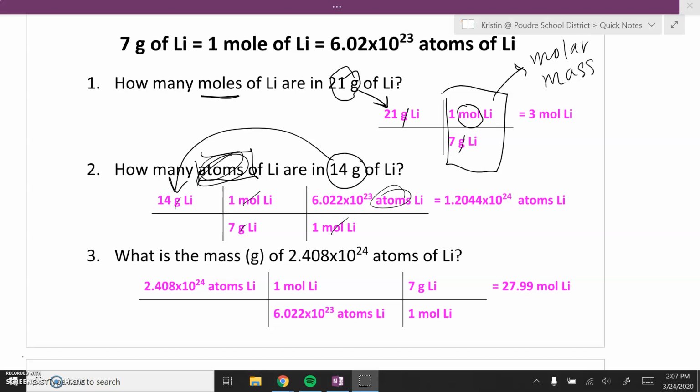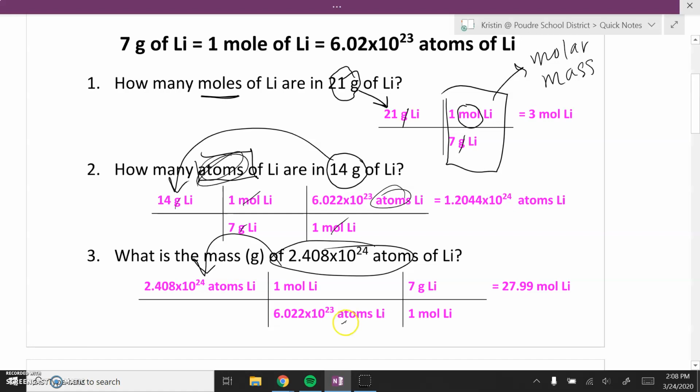number 3, what is the mass, so that'll be grams, of 2.408 times 10 to the 24 atoms of lithium? So I'm like, all right, my atoms are my starting point. I'm going to plug those in over here. And then I want to go from atoms to moles so that I can eventually get to grams.